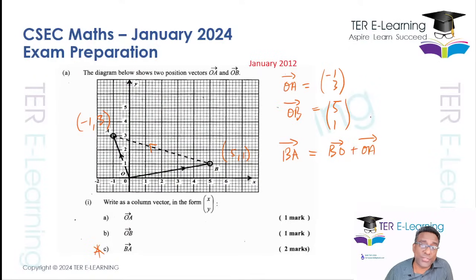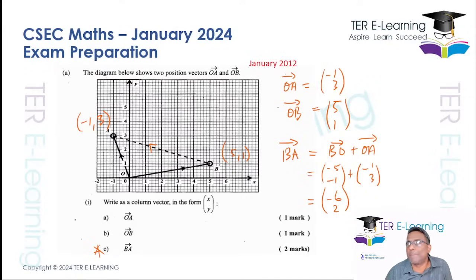I can use a vector equation to work it out, in which case BO is going to be -5, -1 plus the vector OA, which is -1, 3. -5 plus -1 is -6. -1 plus 3 is going to be 2, right? So the vector BA is going to be -6, 2. Right, so that's part A. That's 5 marks so far.